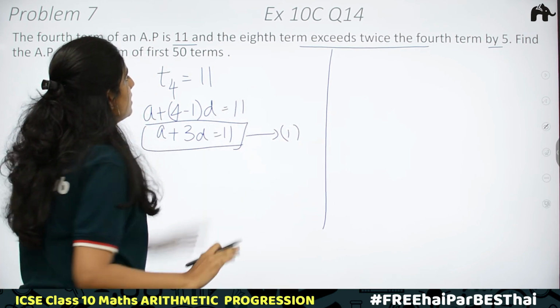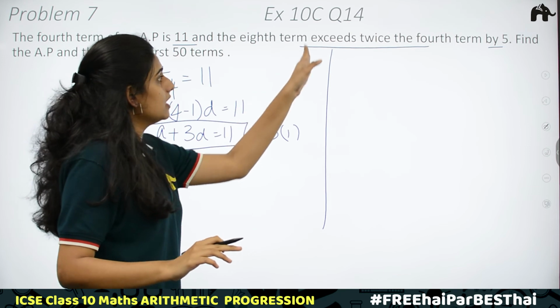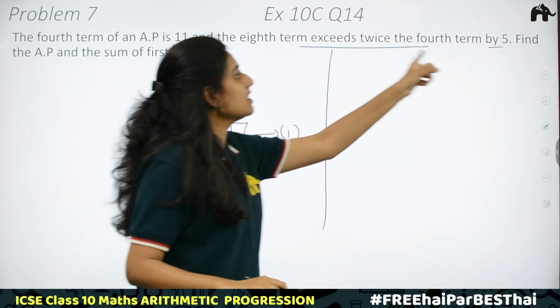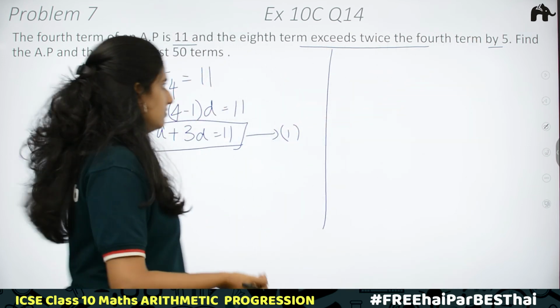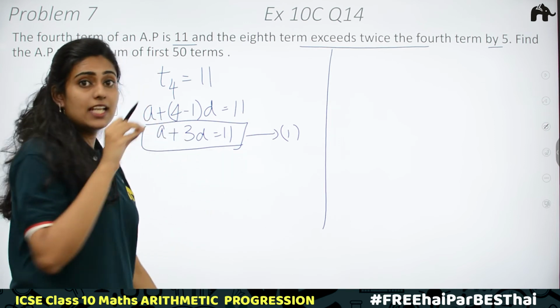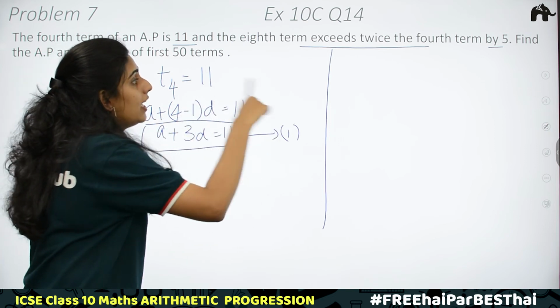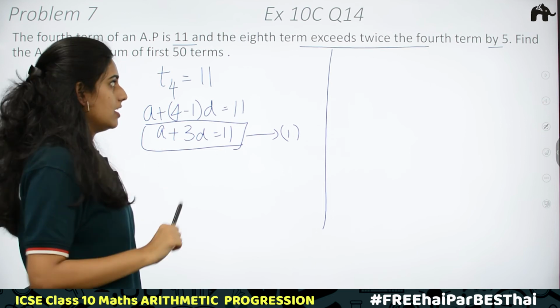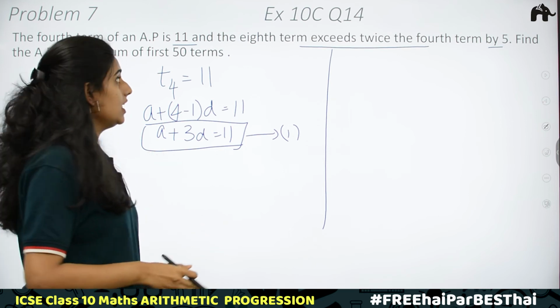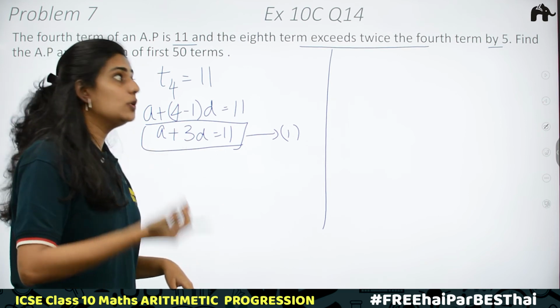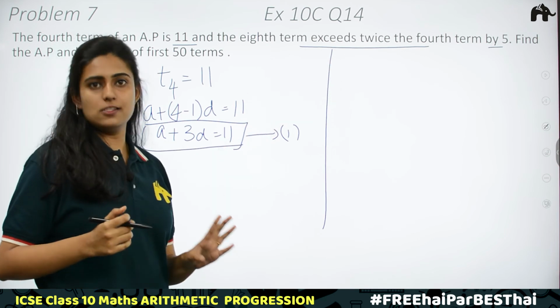Then what is given? The eighth term exceeds twice the fourth term by 5. The eighth term is greater than 2 times the fourth term by 5, which means the difference between the eighth term and 2 times the fourth term is 5.